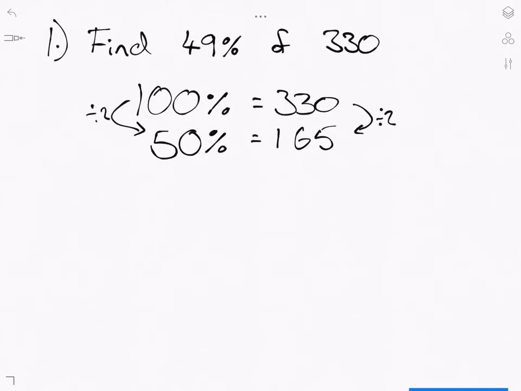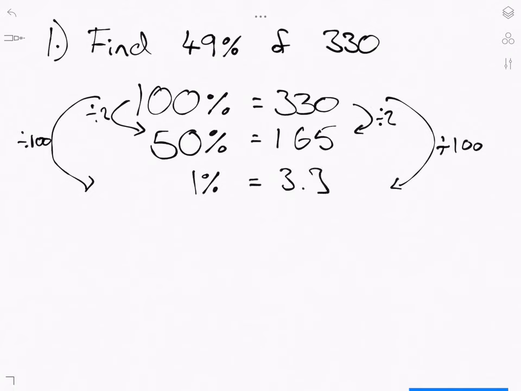So that's 50%, I found that already. And now I'm going to find 1%. So to get from 100% to 1% we divide by 100. And so same on the other side. So 330 divided by 100 gives us 3.3.